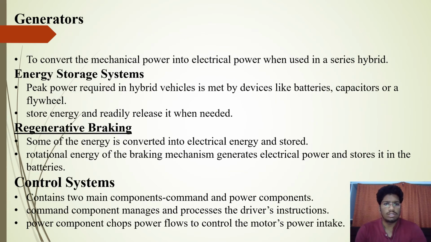Coming to generators, generators are used in hybrid electric vehicles to convert mechanical power into electrical power when used in the series hybrid. Energy storage. Peak power required in hybrid vehicles is met by devices like batteries, capacitors, or a flywheel, which store energy and reliably release it when needed.